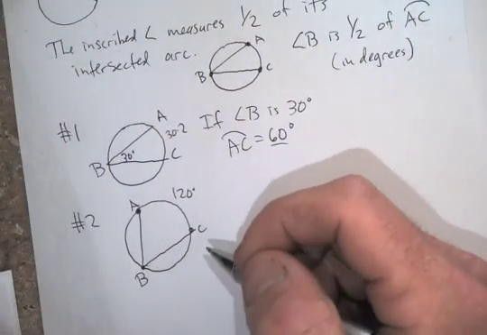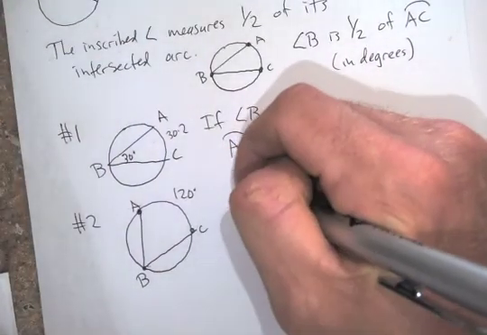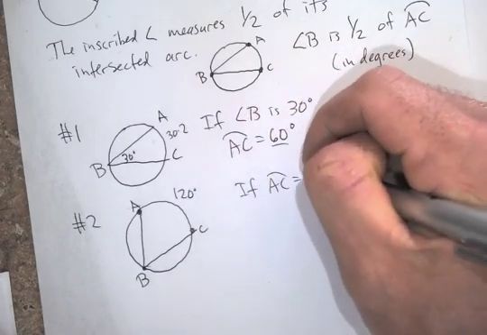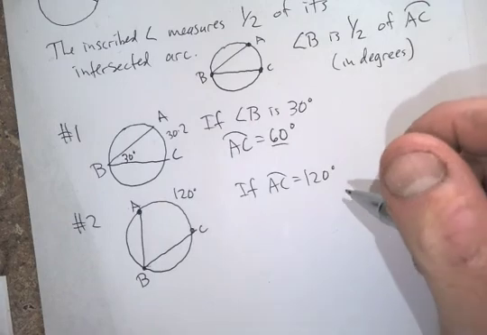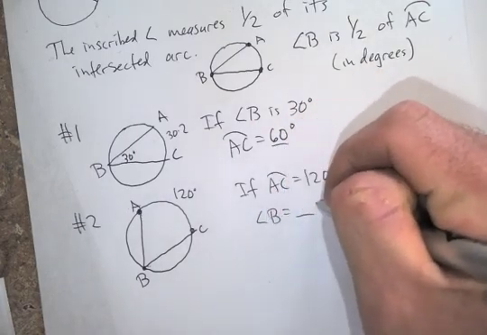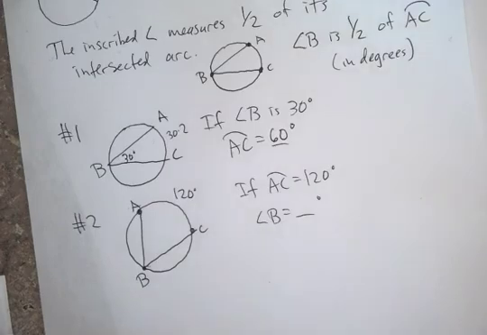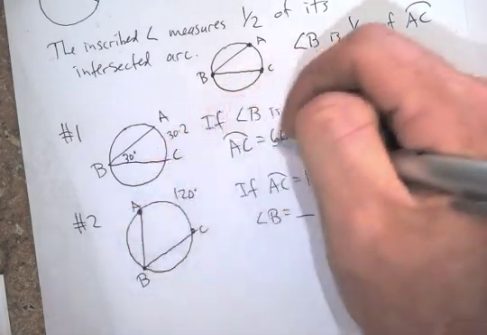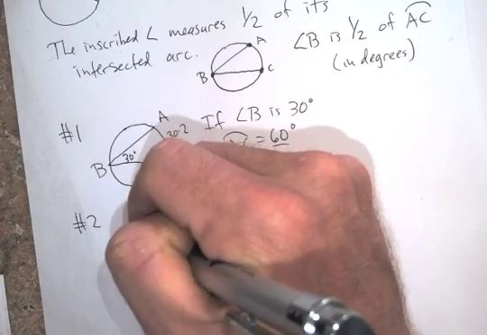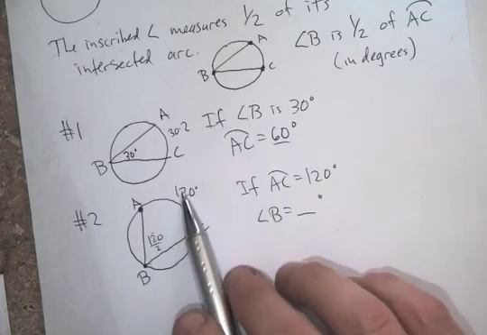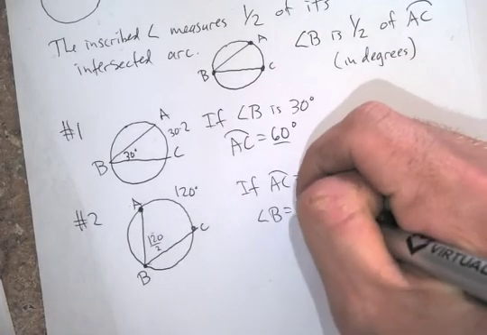So the setup would be if arc AC is 120 degrees, what is angle B? How many degrees? In this case you divide, because it's going to be smaller. 120 divided by 2, it's half. That's the definition. This is half of that. So divide by 2, 60 degrees.